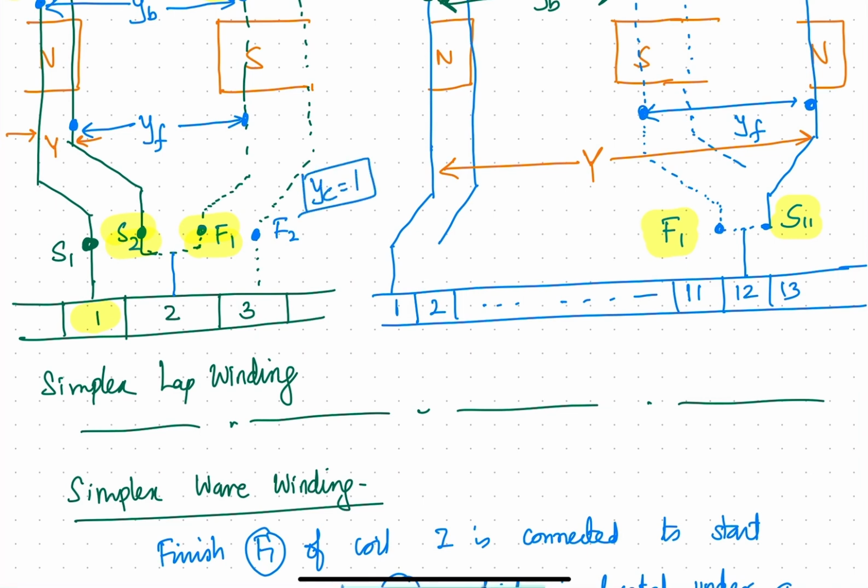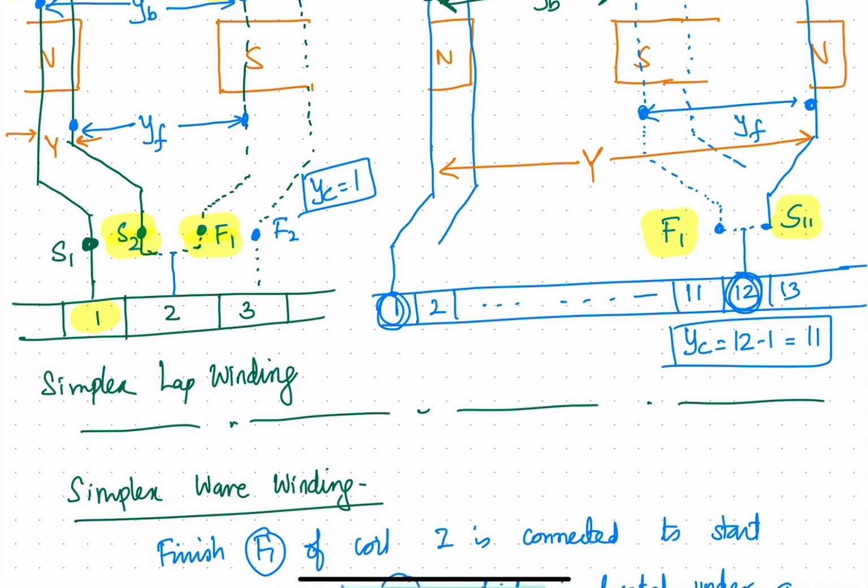In case of the wave winding, it is this 12 minus this 1, so YC is equal to 12 minus 1, which is equal to 11 in case of the simplex wave winding. Okay, so this is about the commutator pitch. So commutator pitch is the distance between the two commutator segments to which the two ends of the coil are connected.